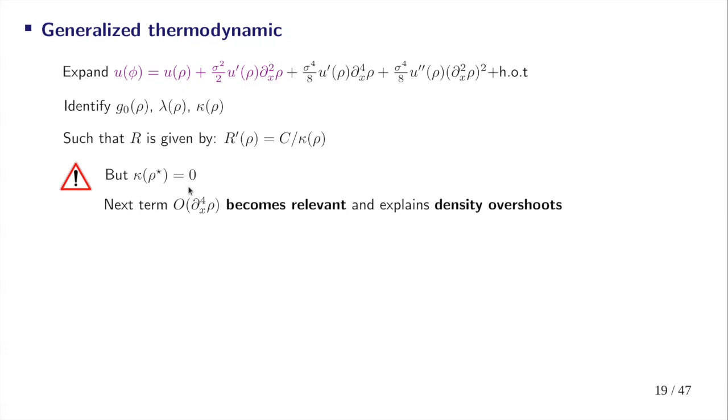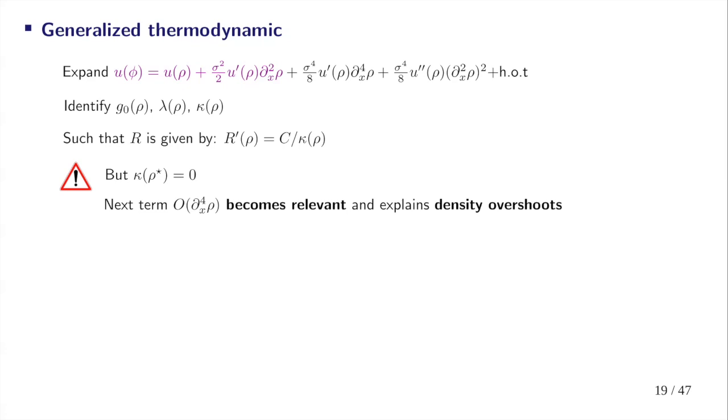And since it becomes negative, it's the next order term that appears and becomes relevant. And this is typically what you have in the Helfrich Hamiltonian of membranes, where you have the tension that is zero, but because of the bending stiffness, you might have overshoot of the height of your membrane.